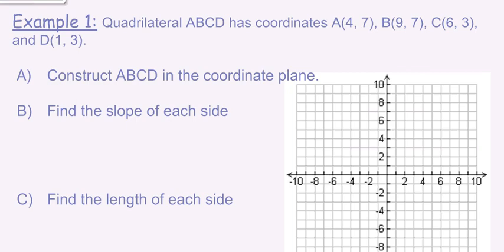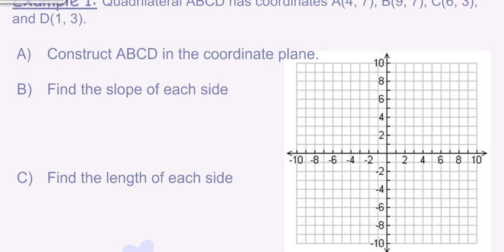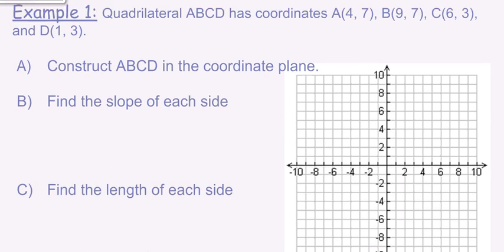So let's look at an example of what type of questions we might be looking at. Example number 1 says that quadrilateral ABCD has the coordinates 4, 7, 9, 7, 6, 3, and 1, 3. So my first thing that I'm going to do is to construct the actual shape in my coordinate grid because I want to see what it's going to look like.